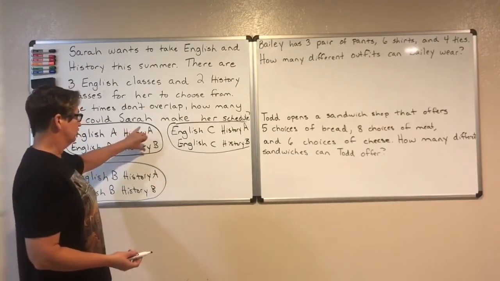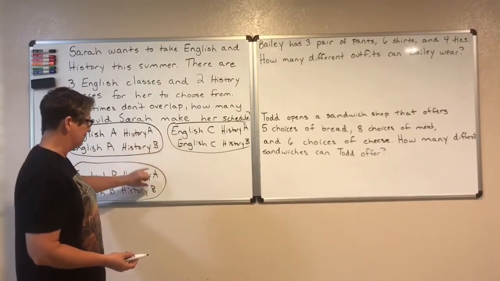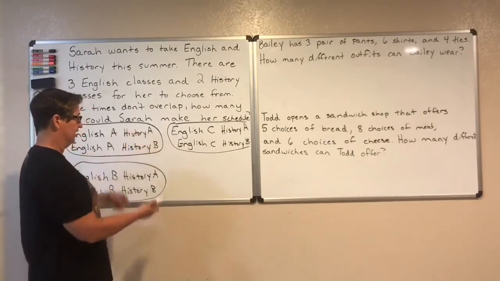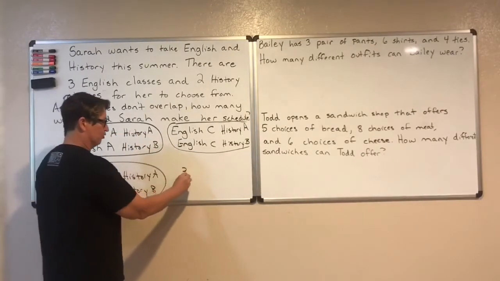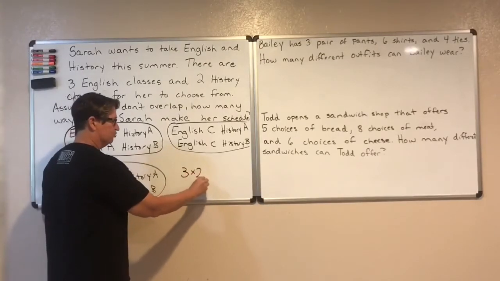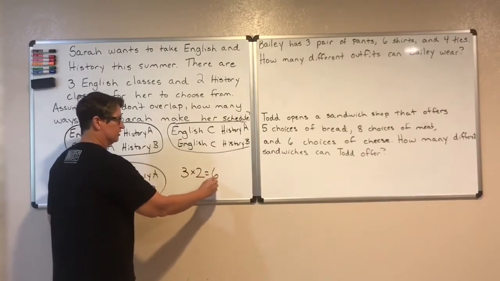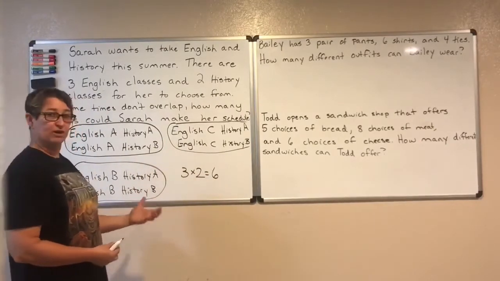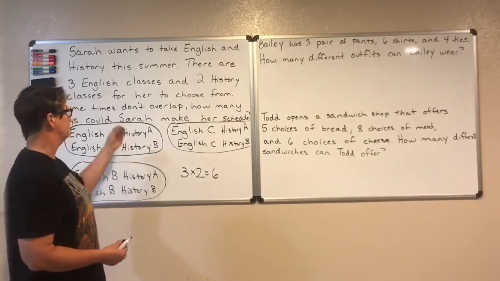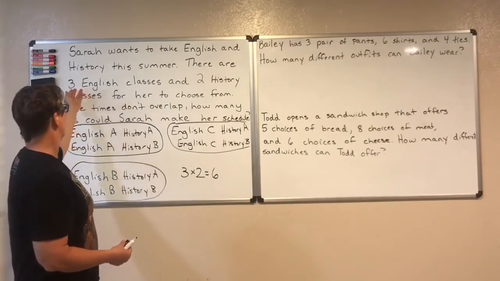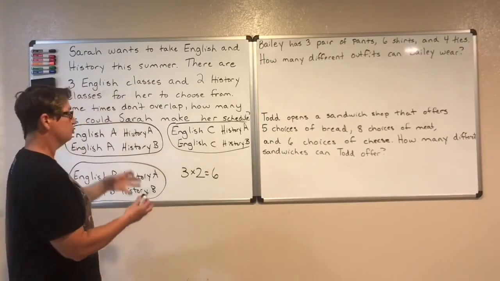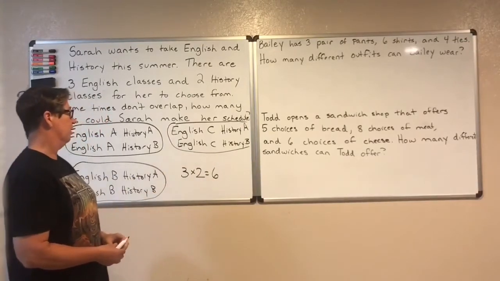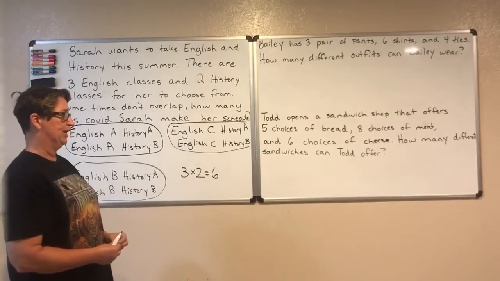That's what multiplication says. It says that we have 3 different groups, or however many groups, with however many things in it. So here we have 3 groups of 2 things, which gives us those 6 choices. So the fundamental counting principle says that we can just take our different options and multiply those together to get the total number of things that we can create.